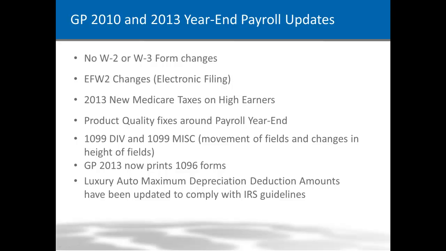For 1099 Miscellaneous, they made some movements of fields and changes in the field type. GP 2013 now prints your 1096 form, while GP 2010 still does not print that form for you. And the luxury auto maximum depreciation deduction amounts have been updated to comply with IRS guidelines. So that's what's in the 2013 year-end payroll update.